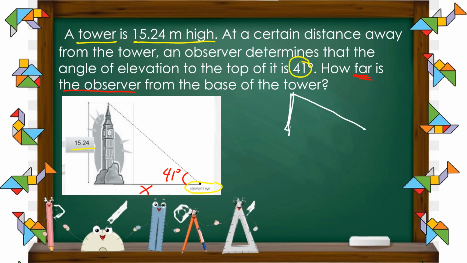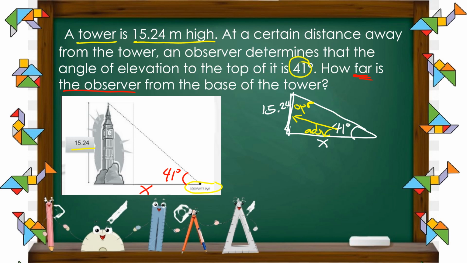This is the height, which is 15.24. Our unknown is the distance x. Our angle of elevation is 41 degrees. From our given, this 15.24 is the opposite, and this unknown side is the adjacent. So we have opposite over adjacent, correct.